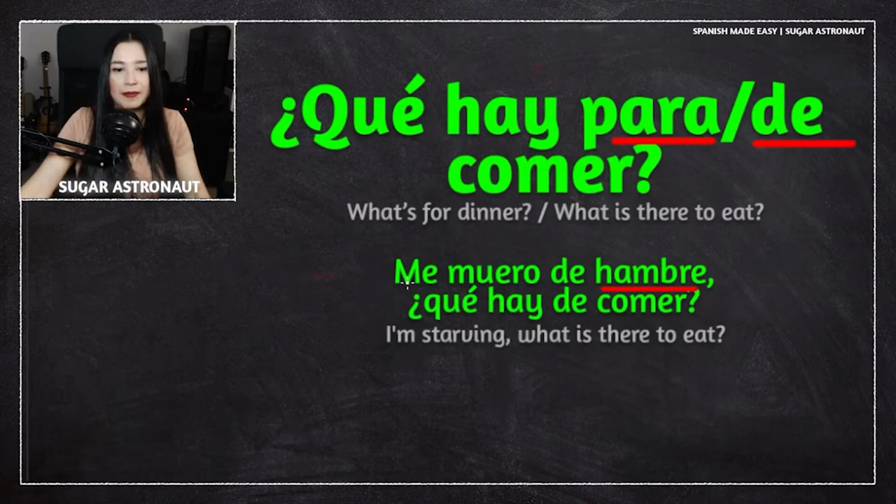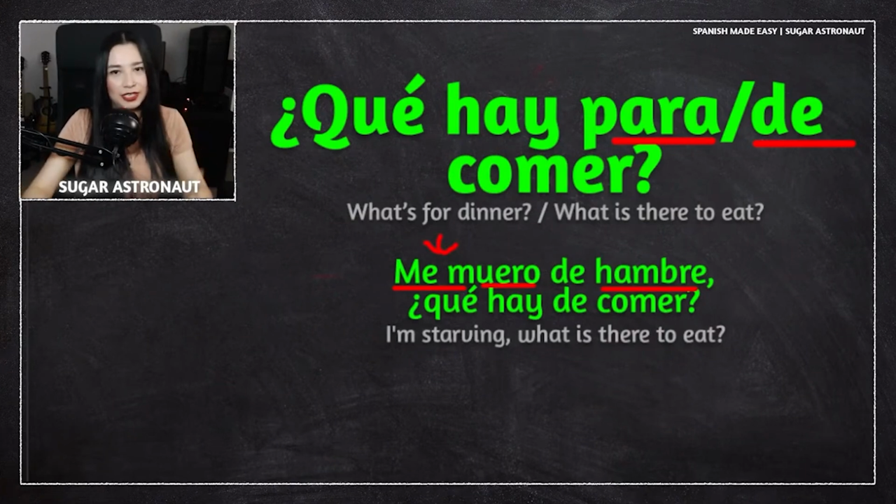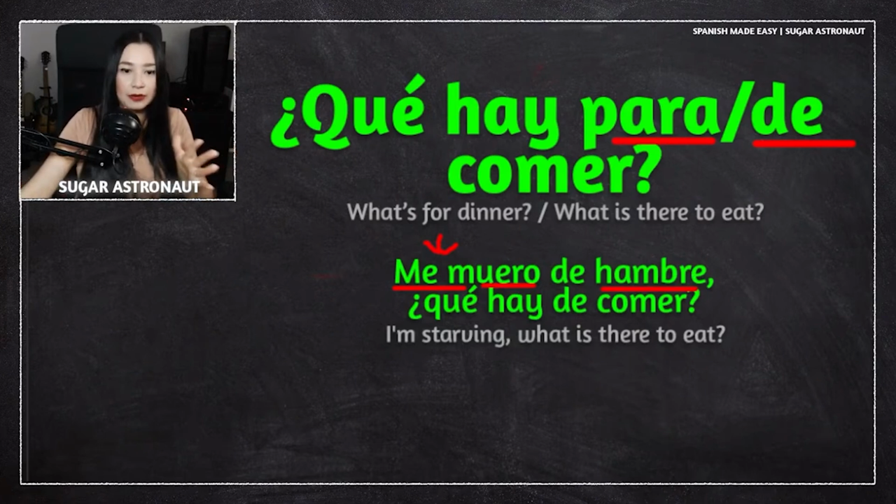Okay, me muero means I'm dying. You can actually use this as an expression. It's kind of incomplete because you need to add more to the sentence. Me muero, for example, por ver esa película.